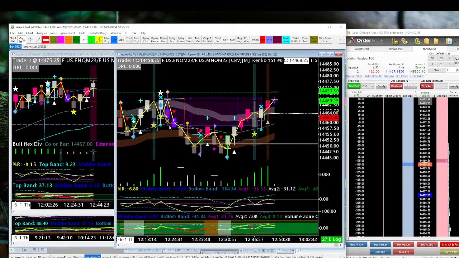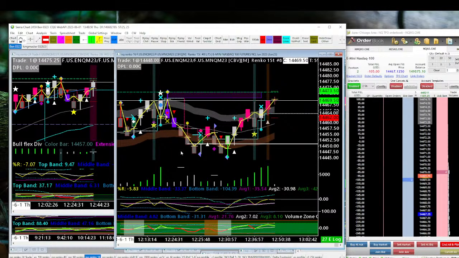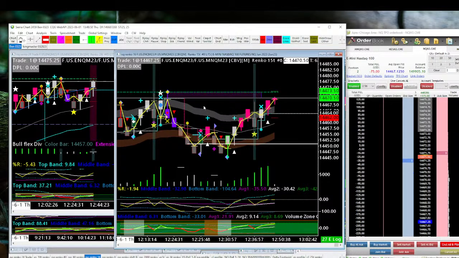We have not yet retraced this purple bar. Once we do that, it's neutral to bullish. But the fact that it's the high of day, I mean, you'd think it gets broken.